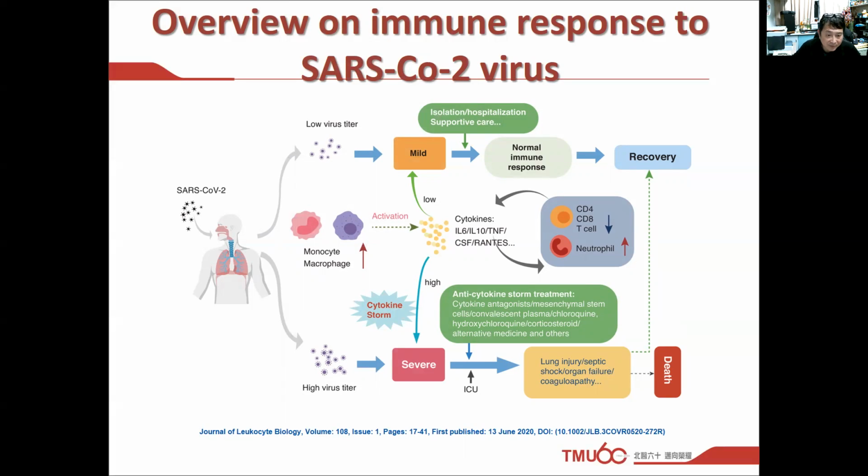However, some people, for example the aging, immunocompromised patients or diabetes patients, their immunity will react with a different response. They cannot normally function their immune system. They cannot regularly control the infiltration of neutrophils.